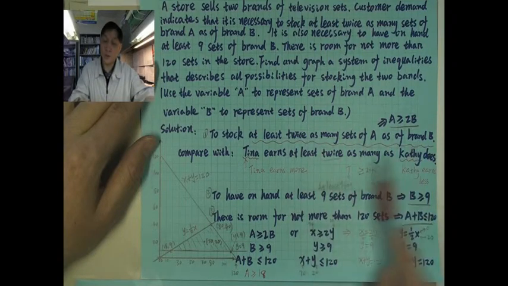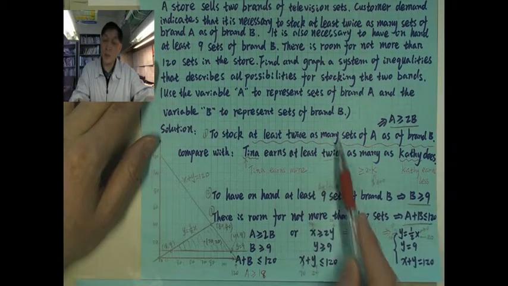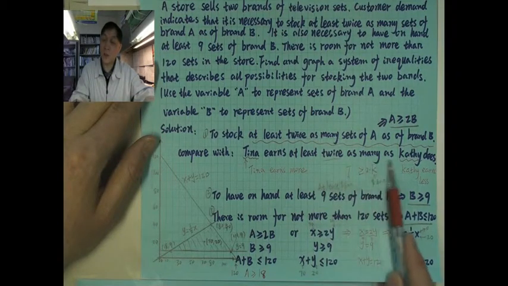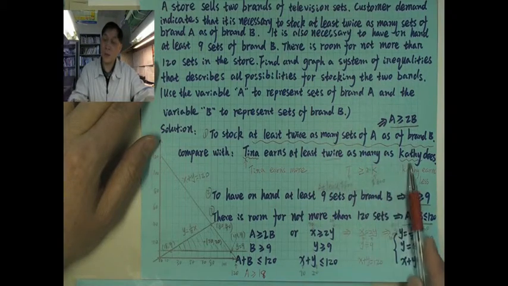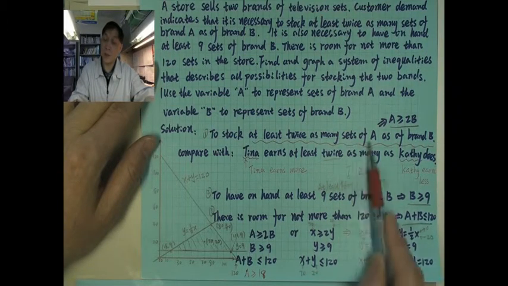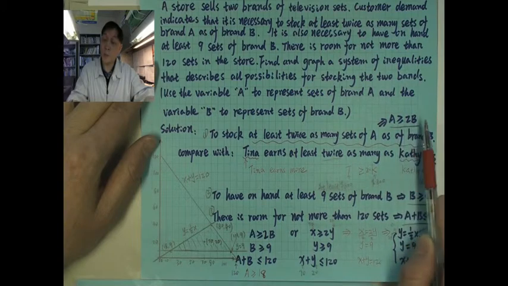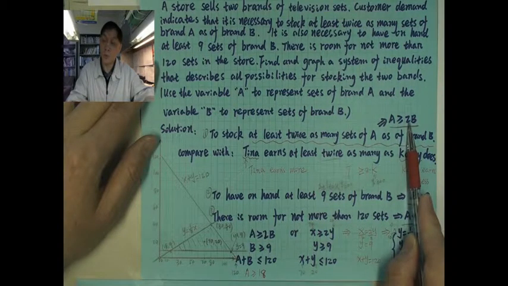Compare the English sentence right here. At least twice as many. And here is Kathy, here is brand B. Here is brand A. So A is greater than B. That's one thing. How much greater? So you want to put 2.